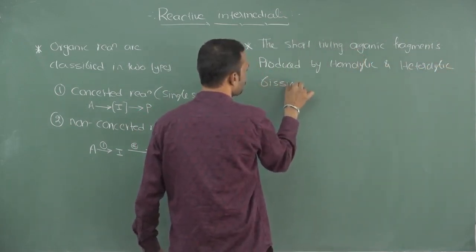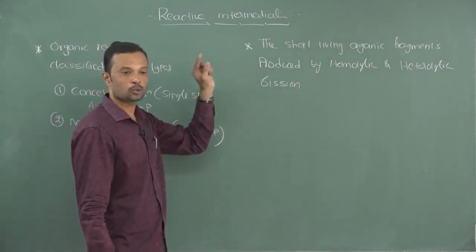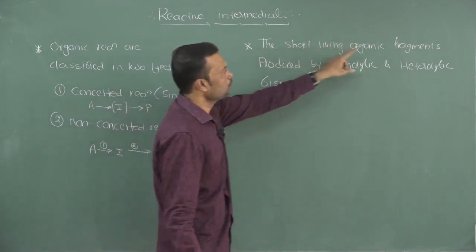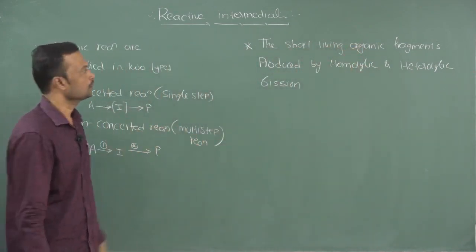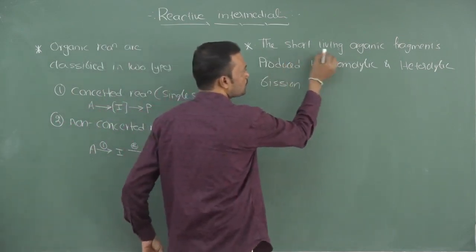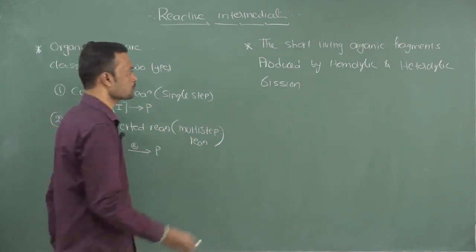In any organic reaction, if the reaction proceeds in more than one step, definitely one intermediate is going to be established. That intermediate is nothing but a reactive intermediate. So reactive intermediates are short living organic fragments that are produced by either homolytic or heterolytic fission.